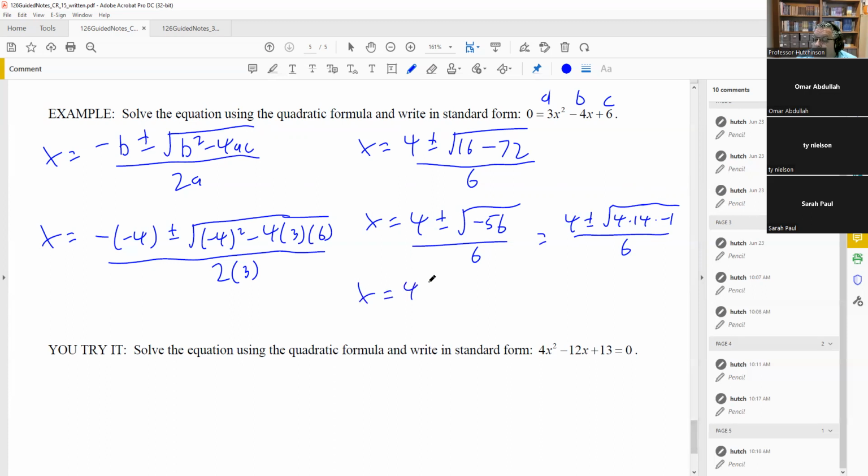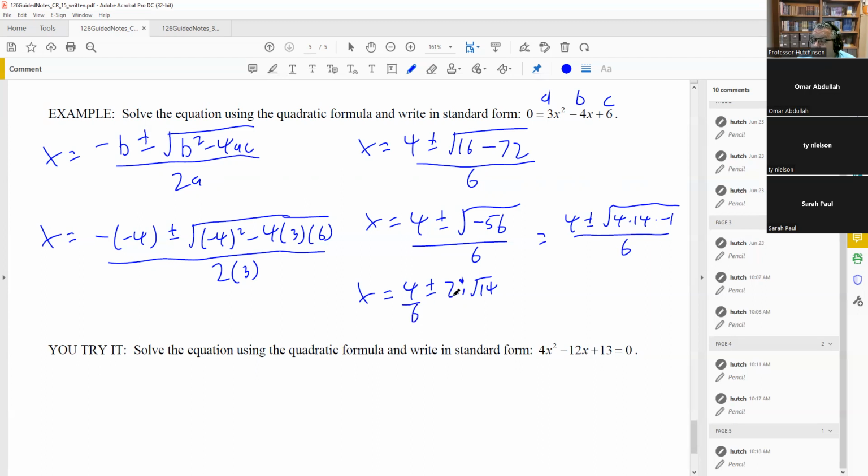So we get 4 plus or minus 2i square root of 14. Again, remember, if you have an i and a square root, it's better to put the i on the outside of the square root, so that way we know for sure the i belongs outside there. 14 doesn't break up anymore because that's 2 times 7.